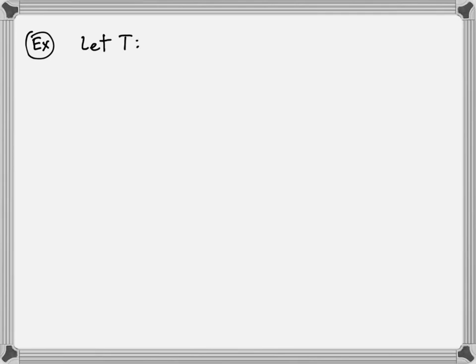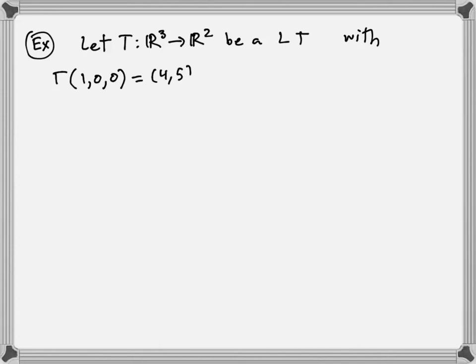So let T, which goes from R3 to R2, be a linear transformation with the following. T of (1, 0, 0) equals (4, 5). T of (0, 1, 0) equals (-1, 1).